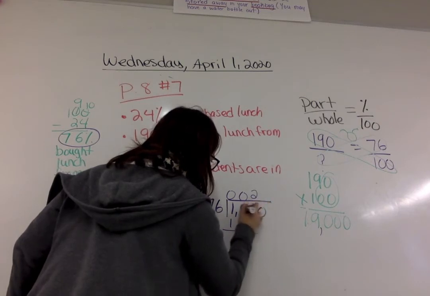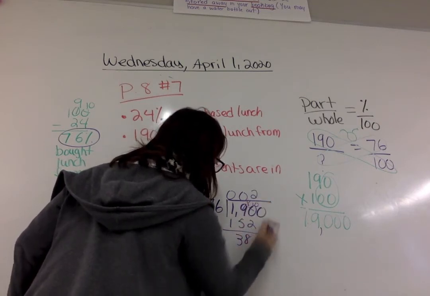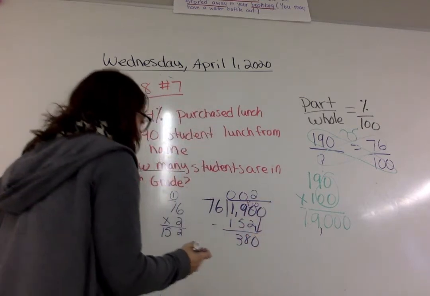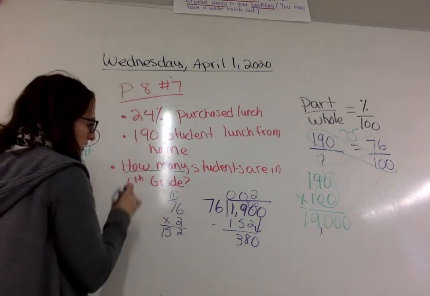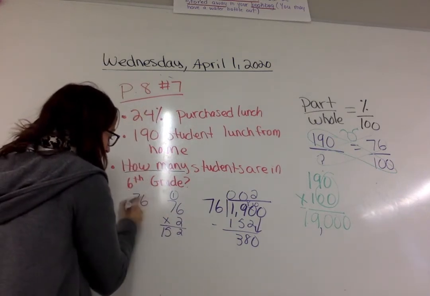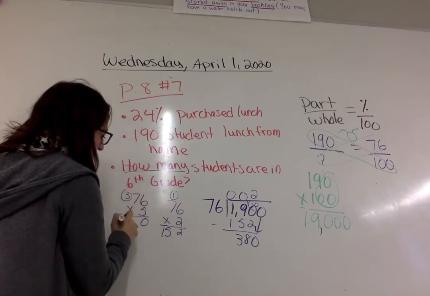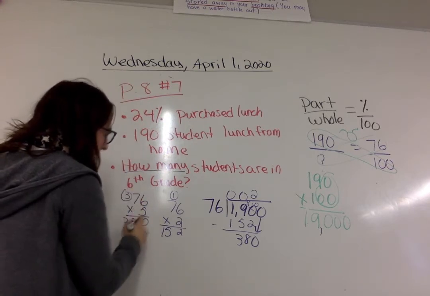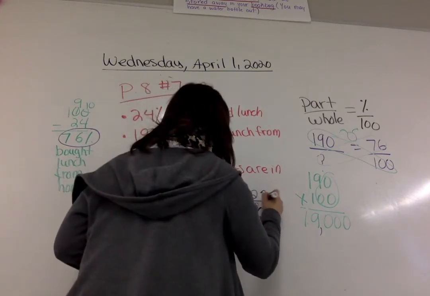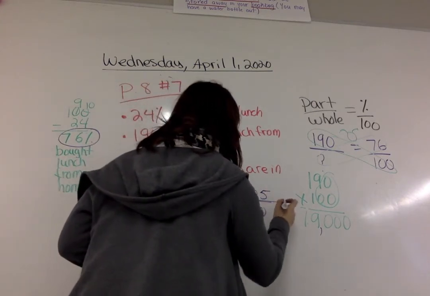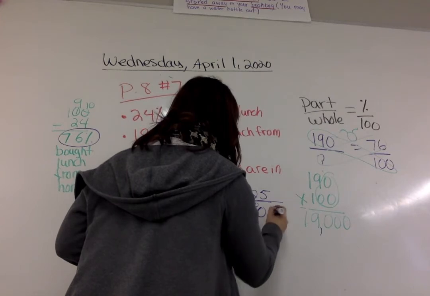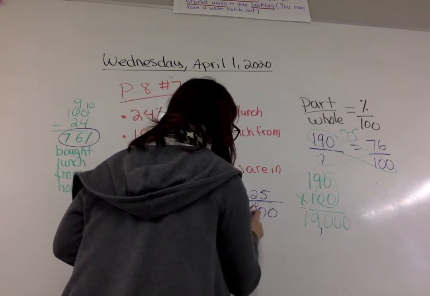Subtract, this is 10, this is 8, this gives me 38, bring down the 0. 76 times what is 380? So 76, let's try 5. Hold on, my mistake there.